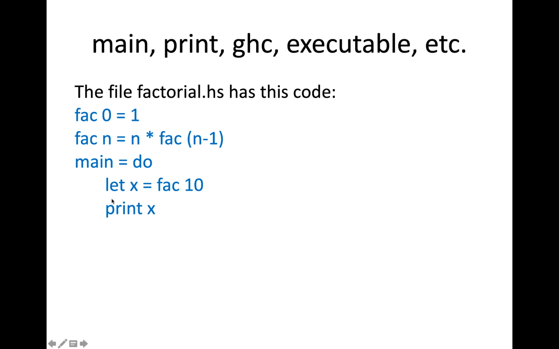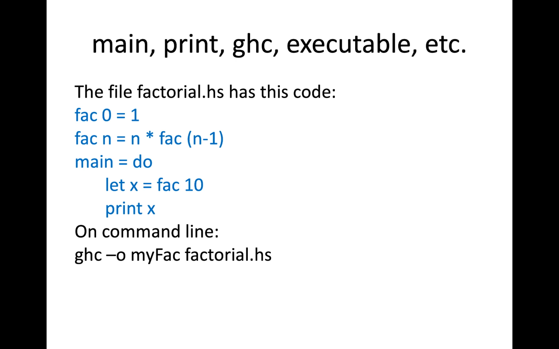So this code has a main method, and when the code has a main method, then you can compile it using this GHC command, and then the executable name, you can give a name. Say here I am giving the executable name myFact, and you have to use the -o flag for that executable name, and this is the input text file which has this Haskell code, right?